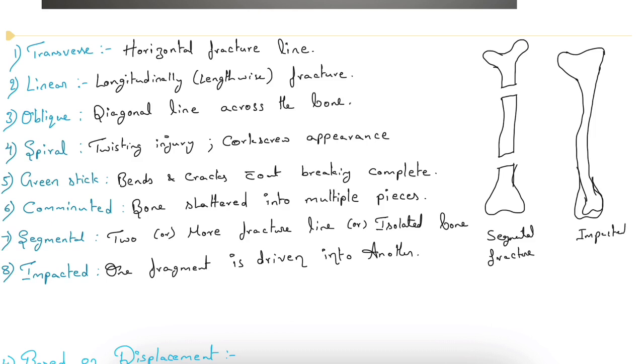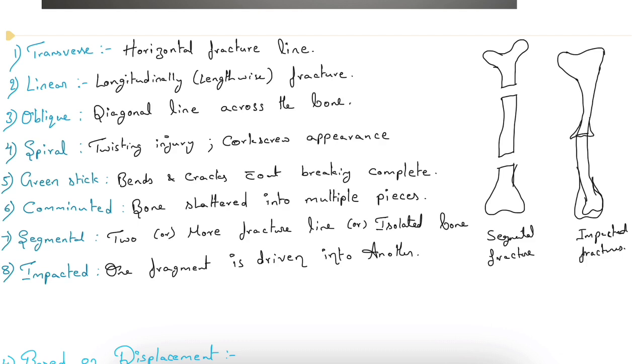Impacted fracture means this is the normal bone, and that bone is driven into another bone like this. That means it broke, and then that fragment is going into the other bone. So this thing we call an impacted fracture.